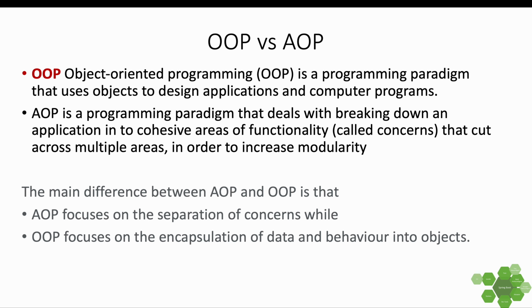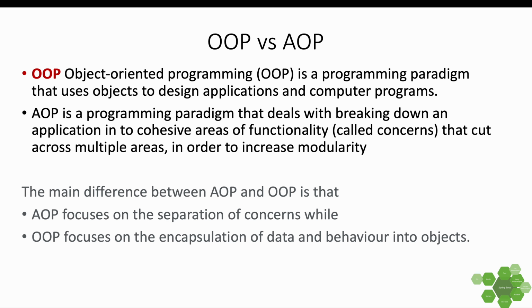Because as a business person or as a developer, all you have to be focused on is to write your own business logic. Nothing more, nothing else. And that is how your code should be organized. So the main difference between AOP and OOP is that AOP focuses on separation of concerns, while OOP focuses on encapsulation of data and behavior into objects.